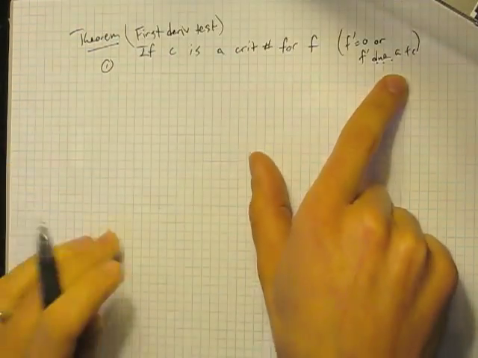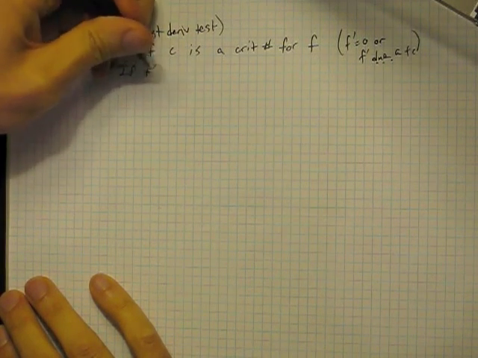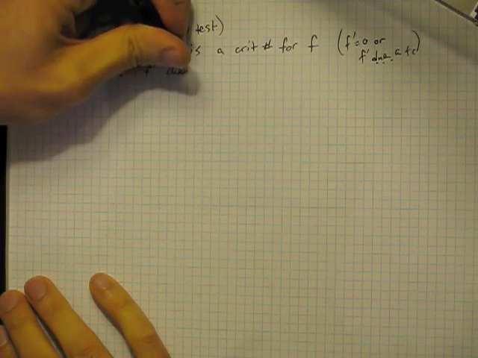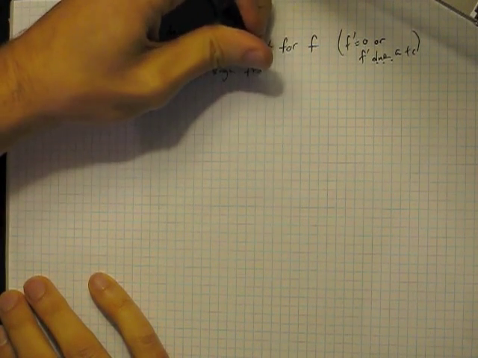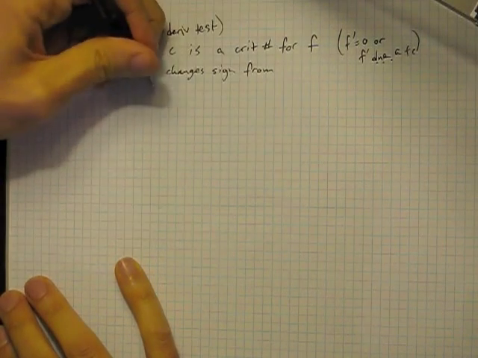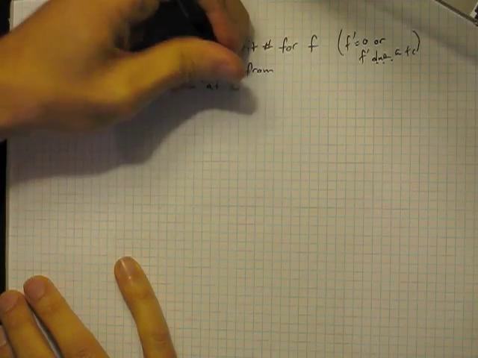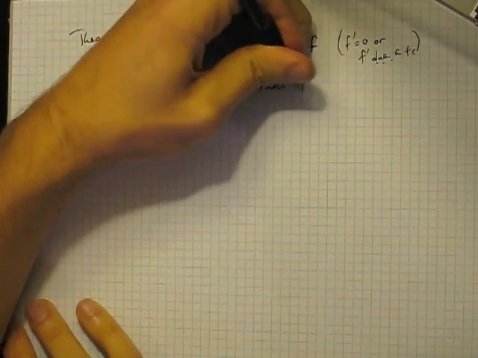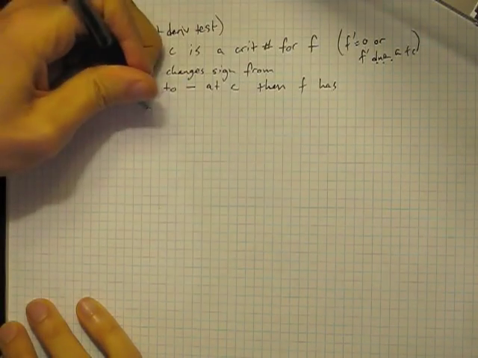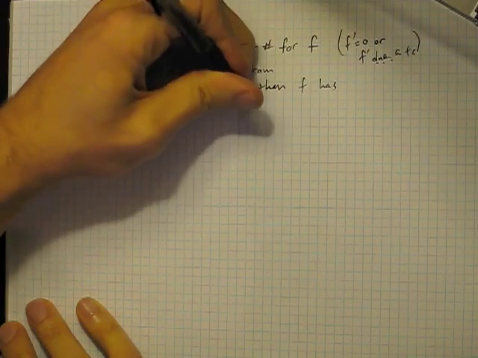Then, 1, if f prime changes sign from positive to negative at c, then f has a local max at c.